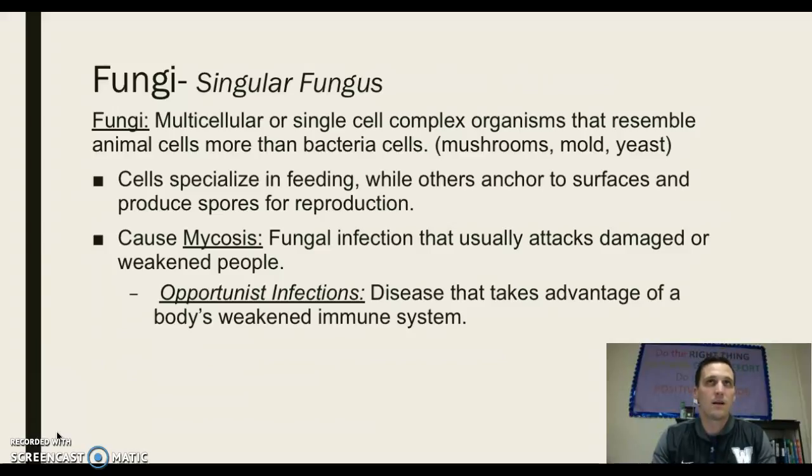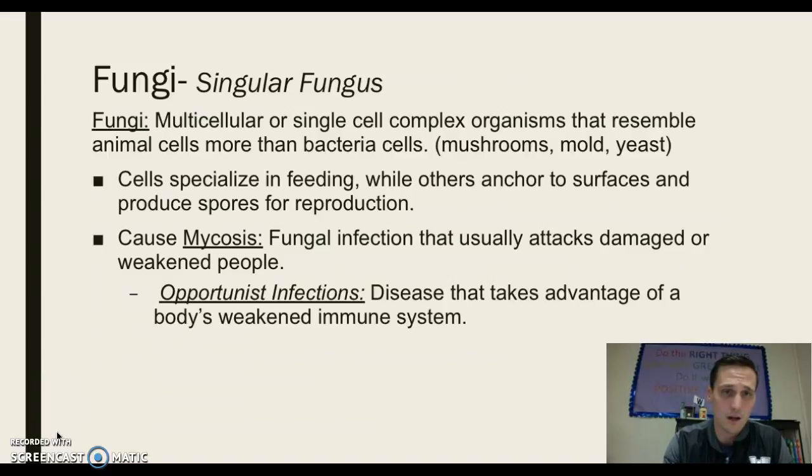There are two basic types of fungal cells: cells that specialize in feeding, and cells that specialize in anchoring to surfaces so it can reproduce. It wants to leech onto something, whether that's human, plant, animal, soil, whatever. Stick to it, feed off of it, and survive.